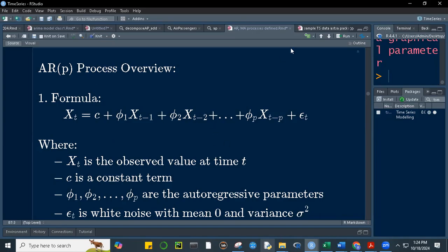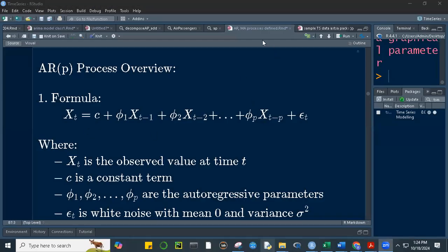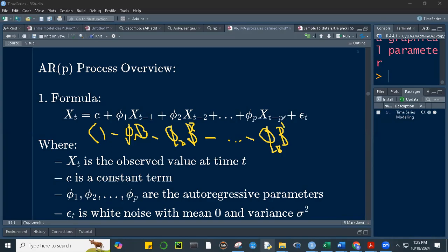So this can be written as 1 minus Phi1 B minus Phi2 B squared minus dot dot minus Phi sub p B to the p, and then you have here your X sub t.